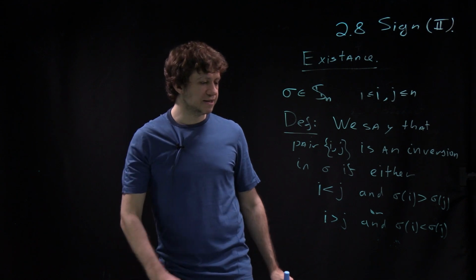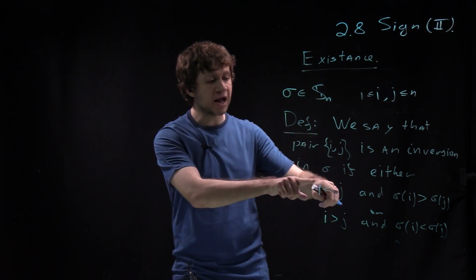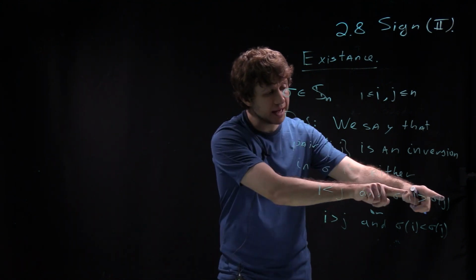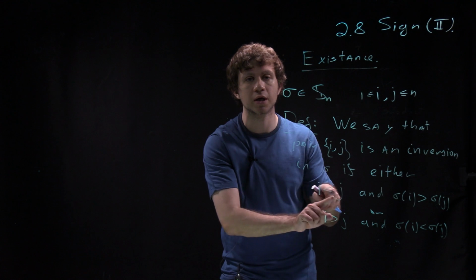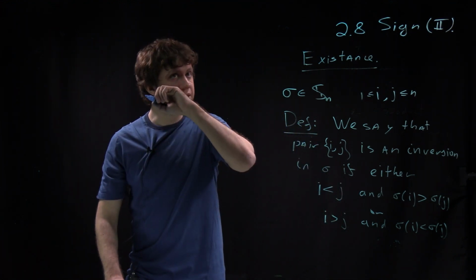So the idea is that inversion means that somehow we had two indices going in some direction and our permutation exchanged their ordering.